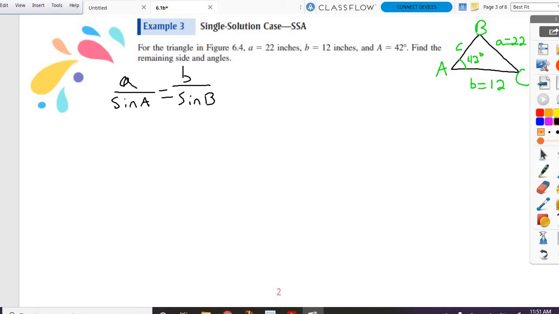Alright. So then we can just plug in. They give us little a is 22, big A is 42, little b is 12, and then I have sine of big B. So what does my first step need to be?